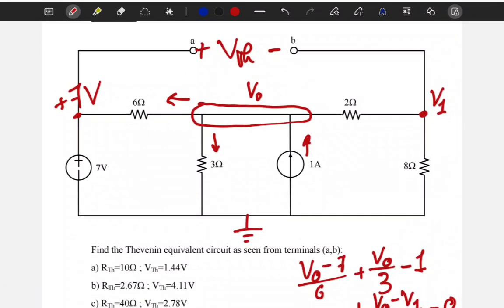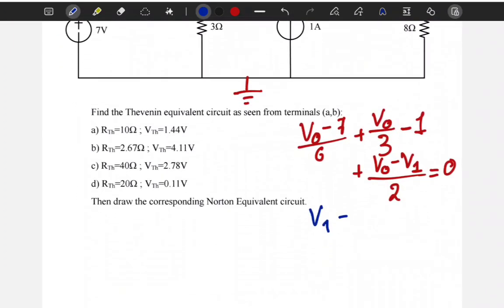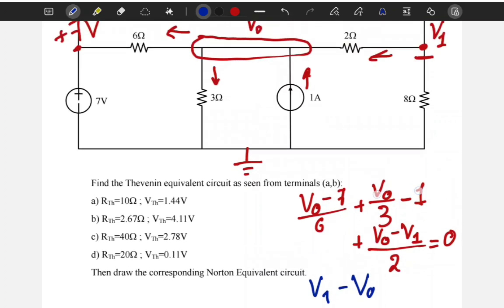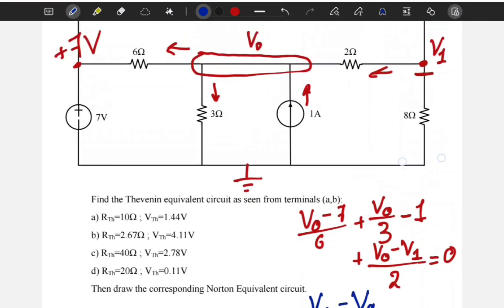Equation 2, we're going to apply KCL at V1. So here the current is 0, obviously, there's no current in here. The current in here is V1 minus V0 divided by 2, because I passed through a 2 ohm resistor.